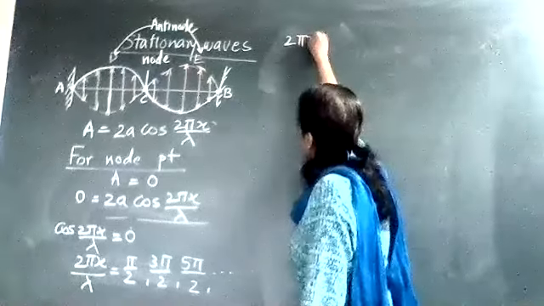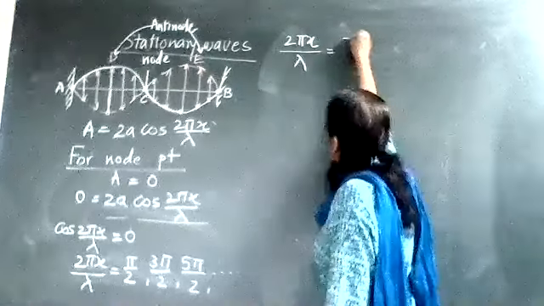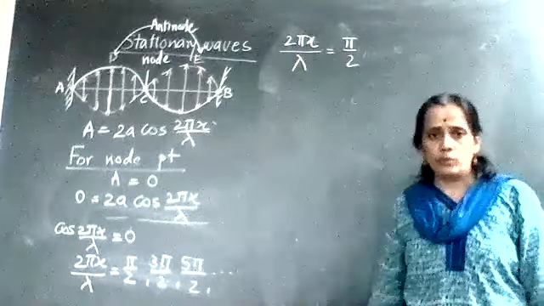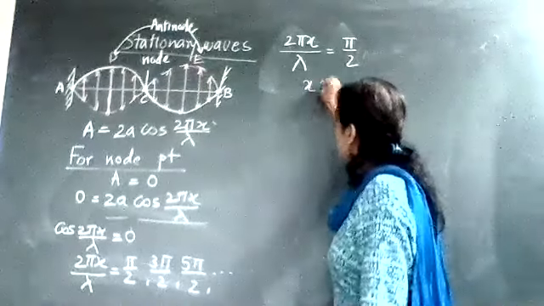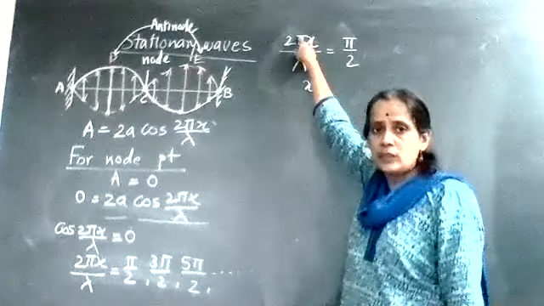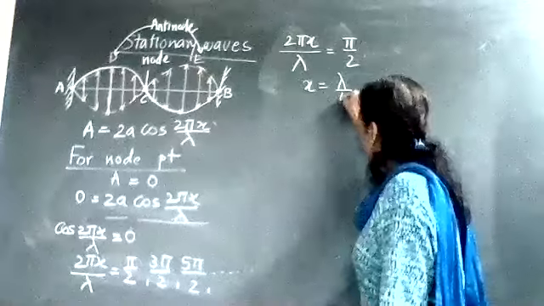So for that I will use the first condition. What is the first value? Theta value 2 pi x upon lambda is equal to pi by 2. At that time your cos angle is 0. Cos angle is 0 means I can say that therefore here I am getting the value of x. See here, from both sides this pi factor will get cancelled. So what is remaining? x is nothing but lambda by 4.